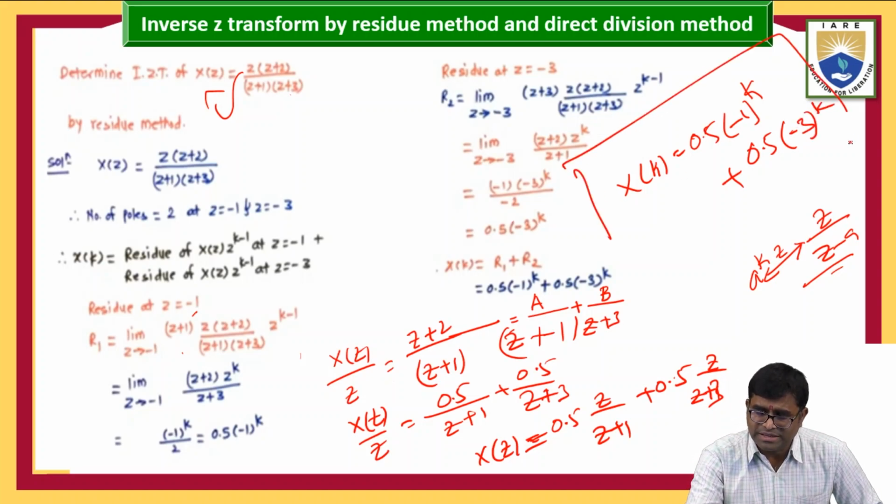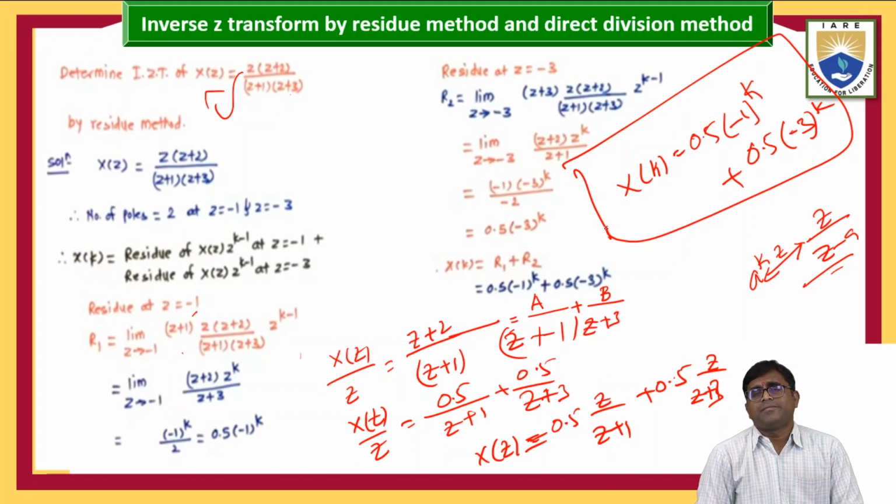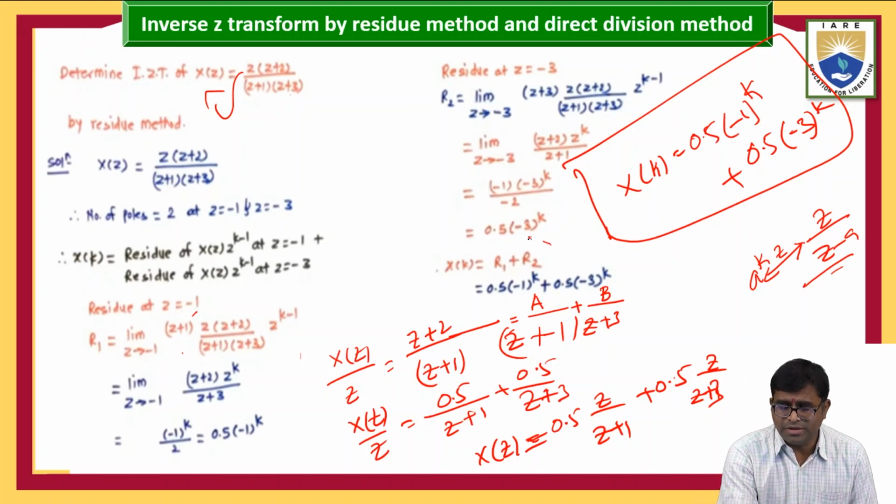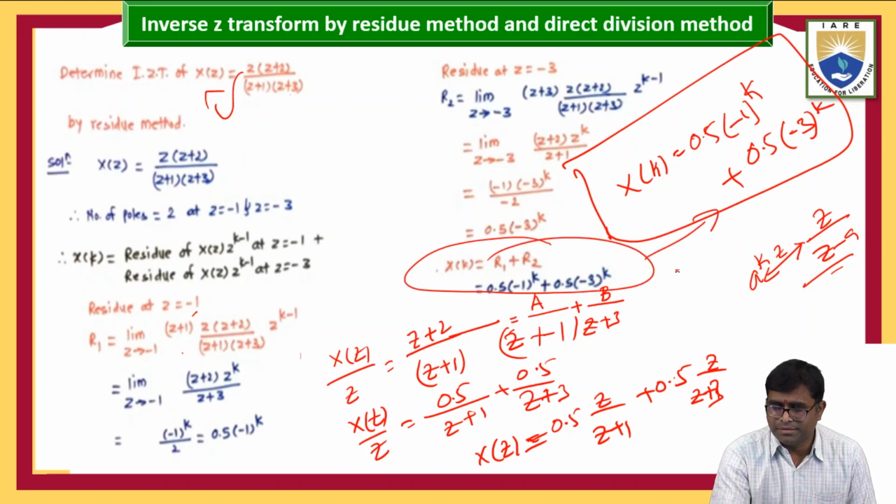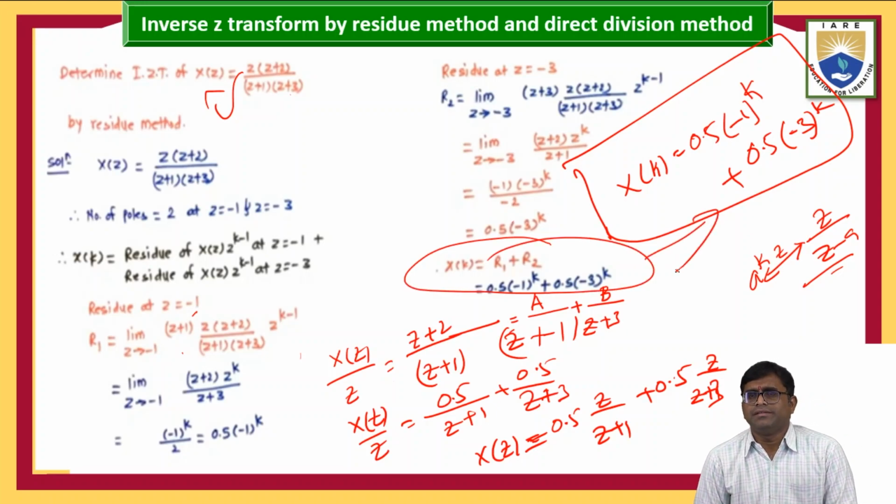This is the partial fraction method. Compare this with the residue method; we are getting the same answer. It is one of the methods for finding the inverse z transform using the residue method.